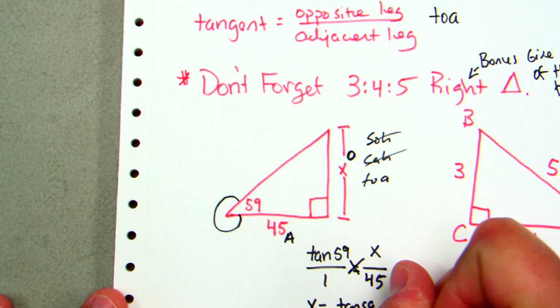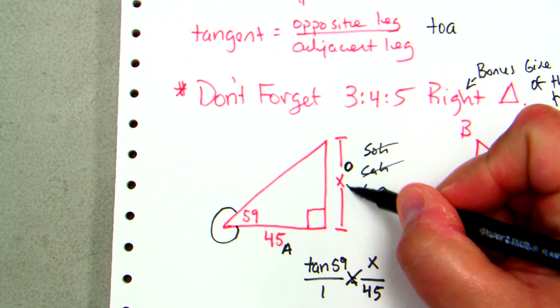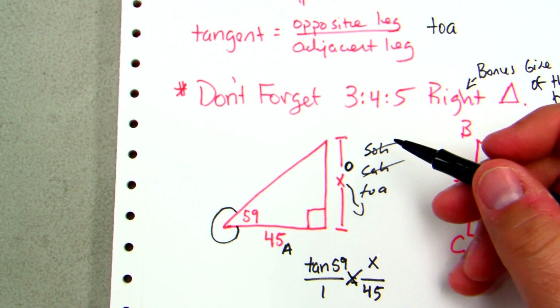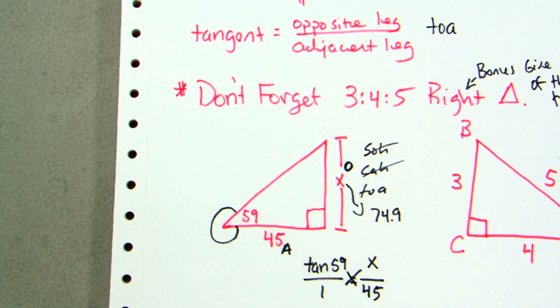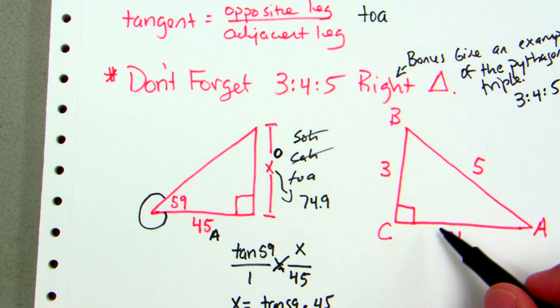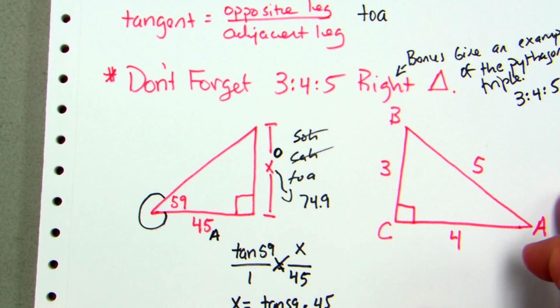I want to round it to the tenth spot if I'm looking for a side length. If I'm looking for an angle measure, I want to round it to the whole measure. So that lets me know that the side of that triangle right there, where it is x, is 74.9.